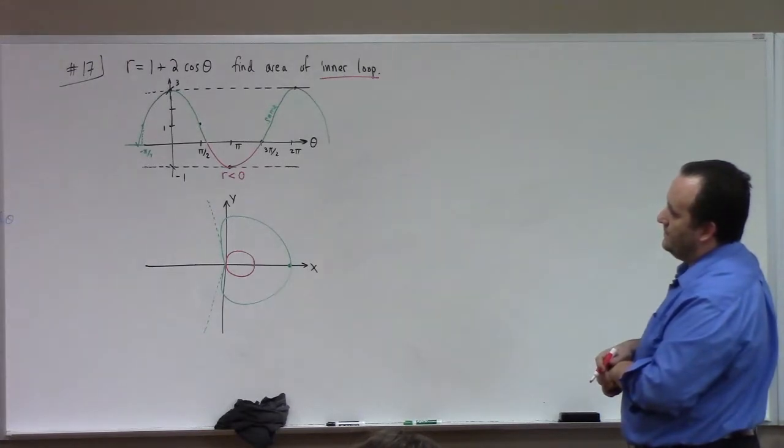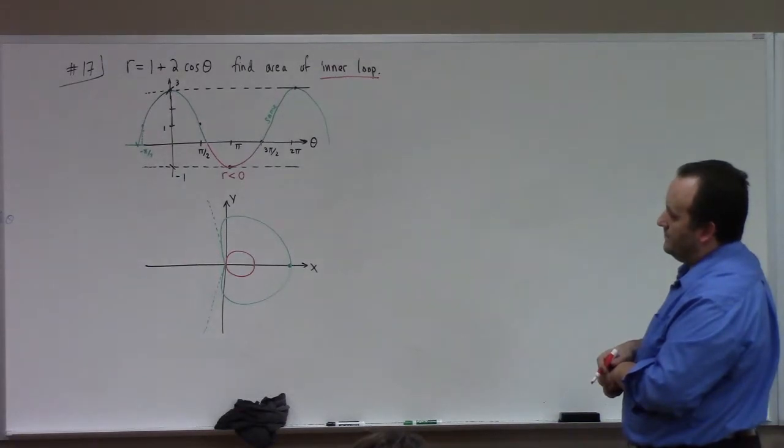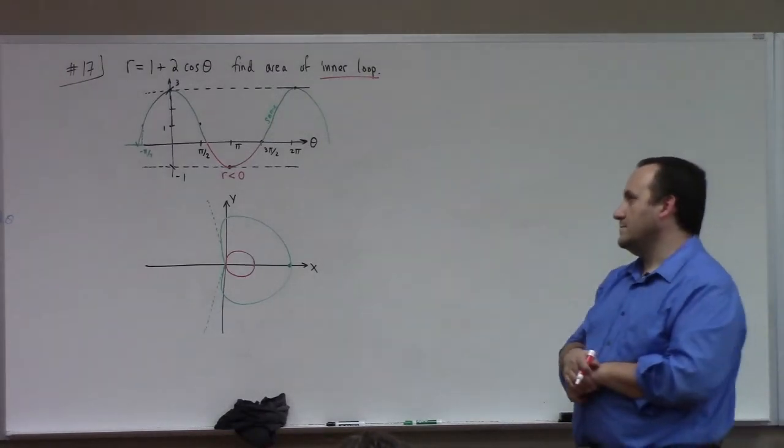Is that two different integrals that you put together? Well, if we look at it, from pi over 2 to 3 pi over 2, we do have an inner radius and an outer radius.